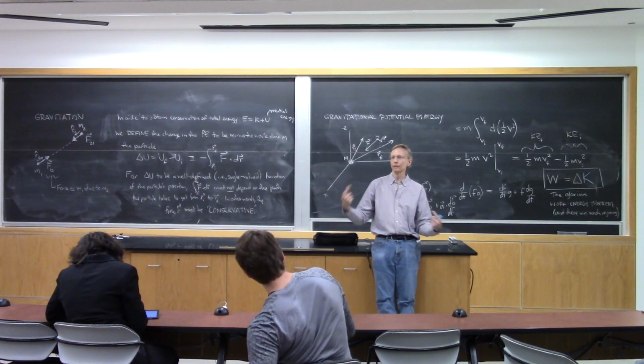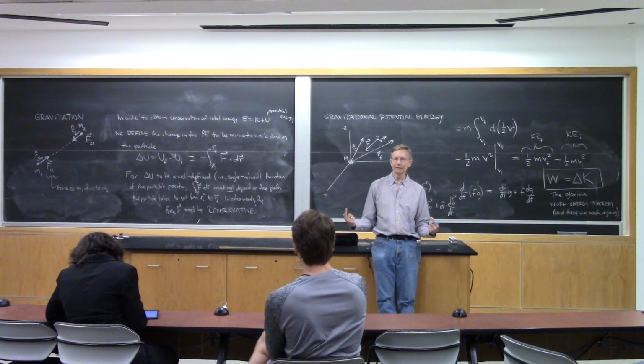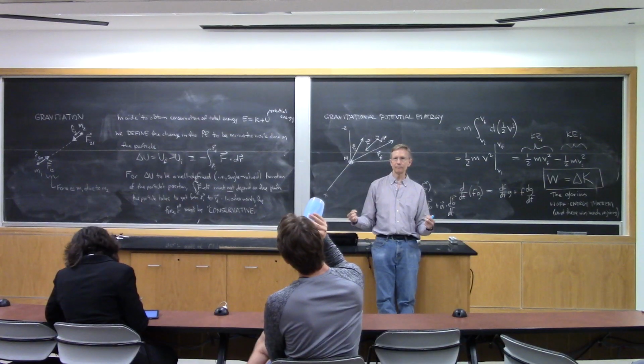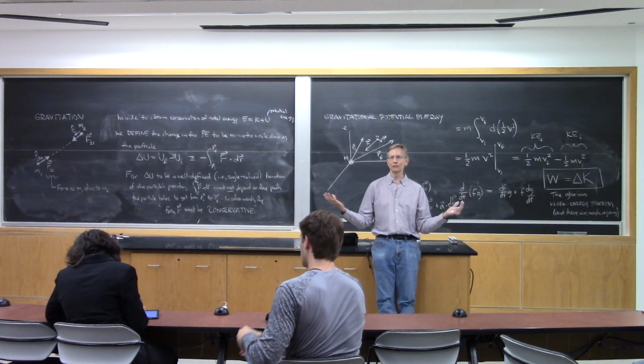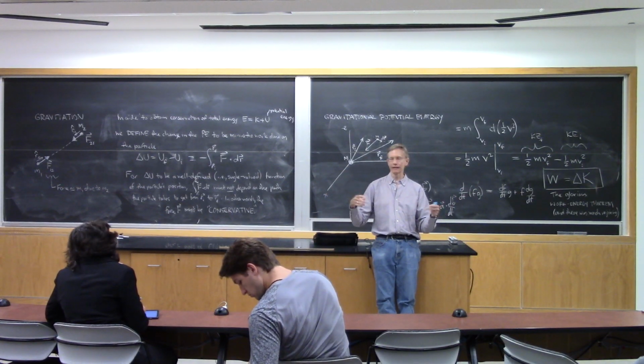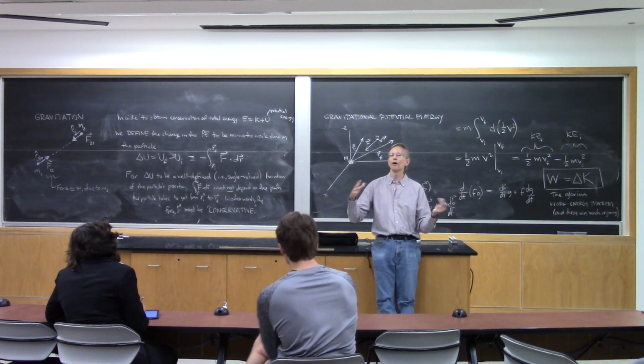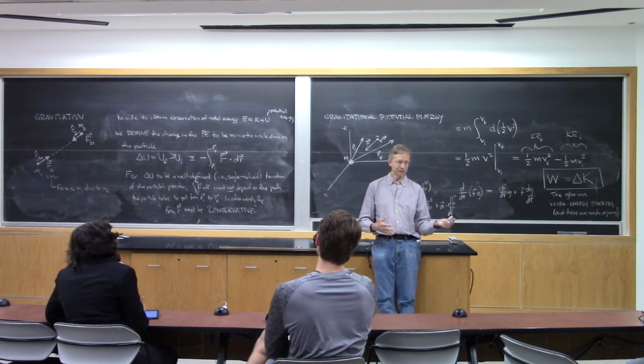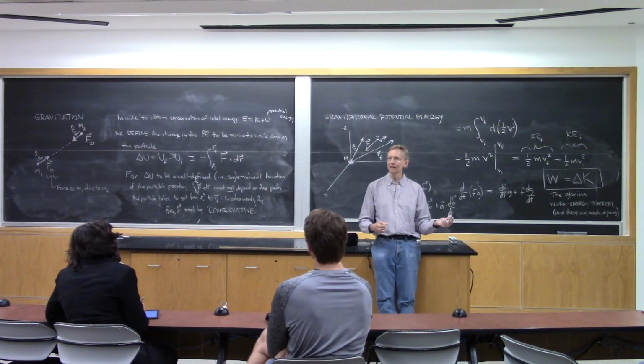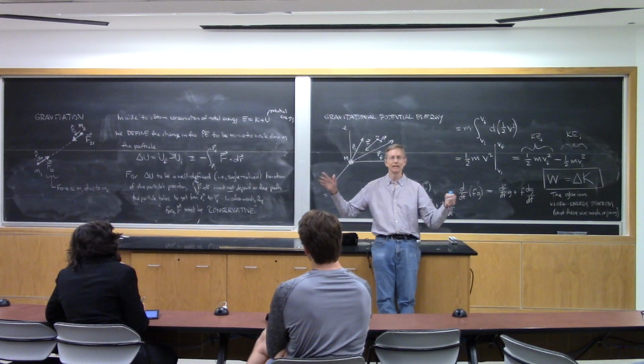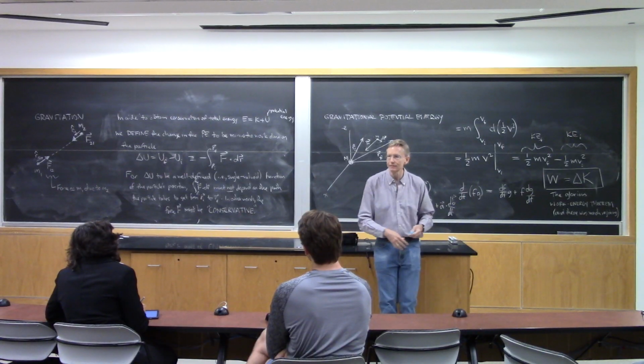And it's on the line joining the particles. And so, if we prove that gravity is conservative, we also prove that the electrostatic force is also conservative. That means you can define potential energy. That means you can talk about the electric potential and all that kind of goodness. It's exactly the same math.